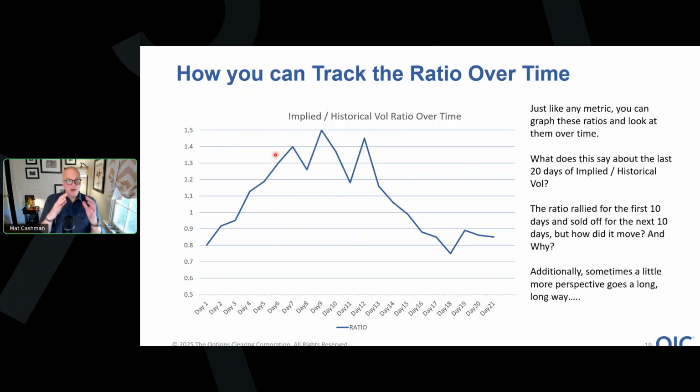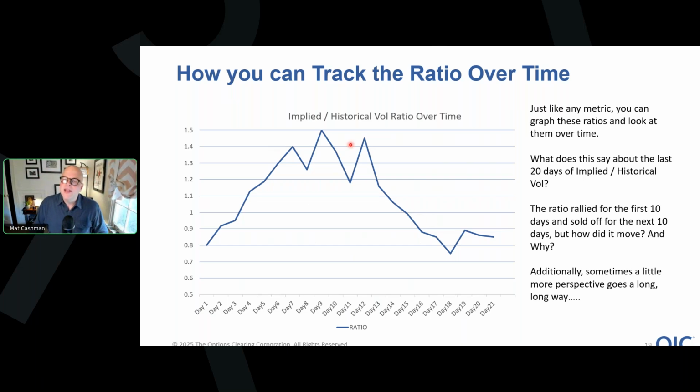Just like any metric, you can actually graph these ratios over time and look at them on a day by day basis. And you can have a rolling 10-day implied vol and a rolling 10-day historical vol that just tells you where each one of those things is moving back and forth.